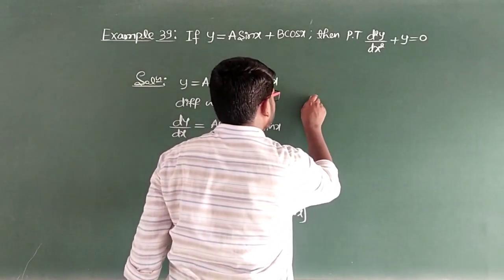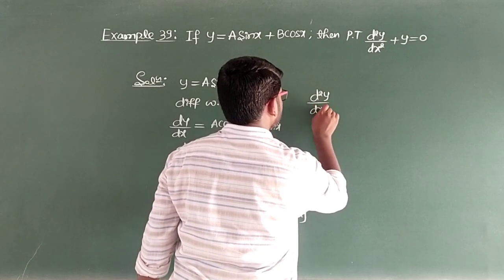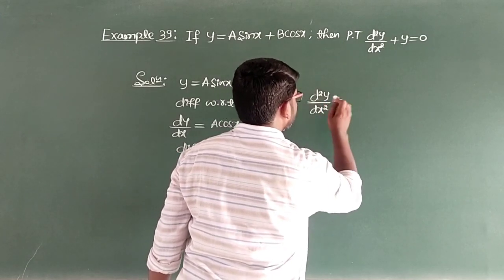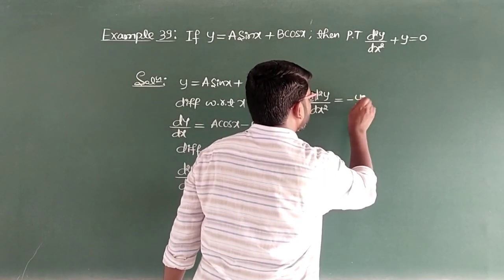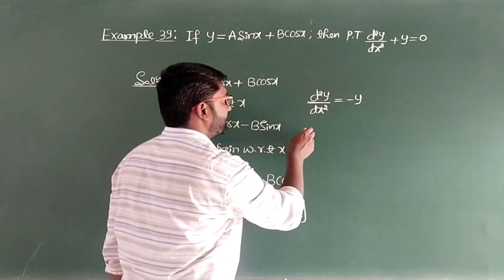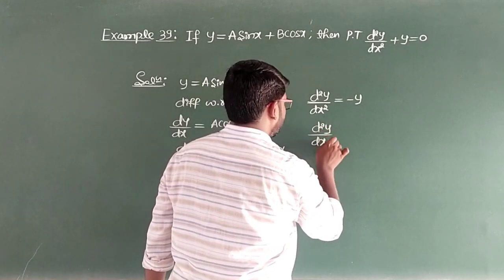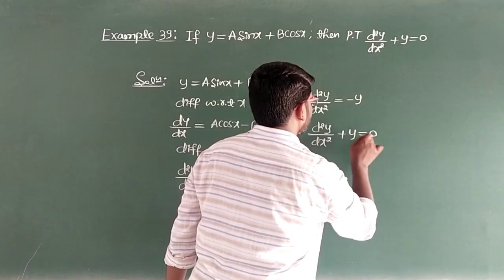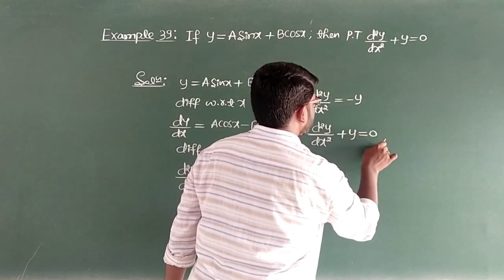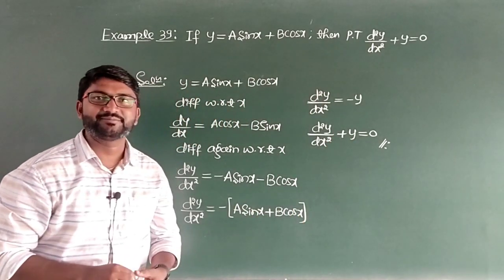So overall we get d square y by dx square equals minus y. Now take minus y to the left hand side, it becomes plus y. d square y by dx square plus y equals 0. So this is all about the example 39. Note down this, then we'll take up the example 40.